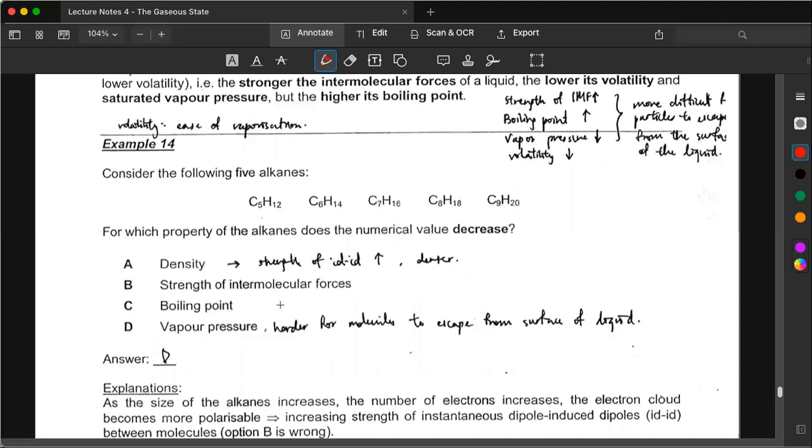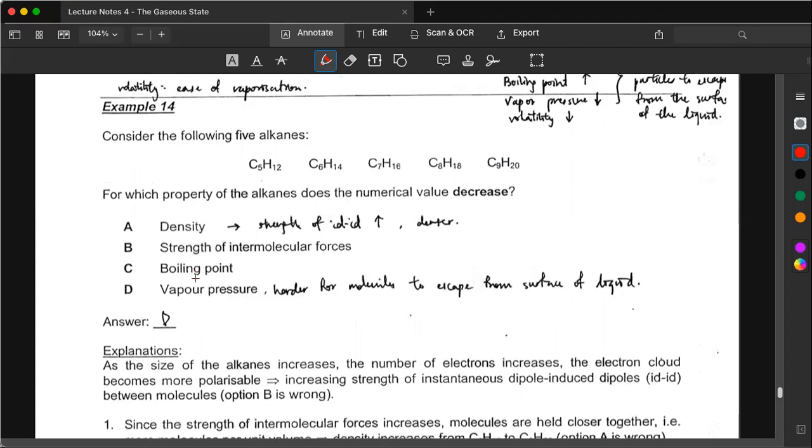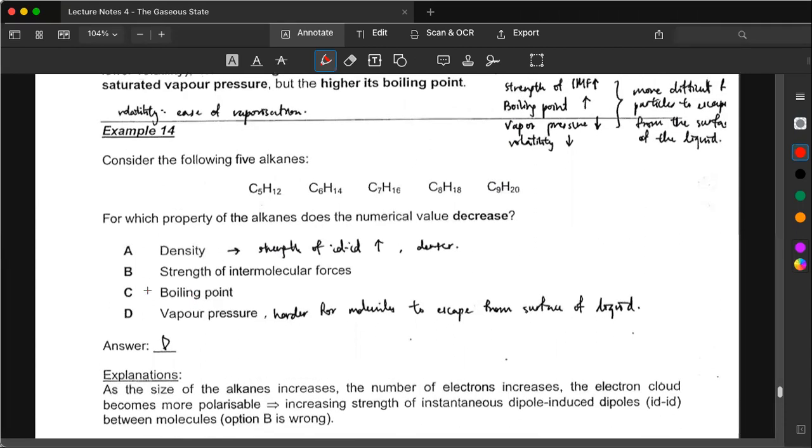Because the vapor pressure actually decreases, and it's not A, B, or C. For C, it's definitely out because with increased molecular mass, the intermolecular forces become stronger and more energy is required to overcome them, so the boiling point should increase. As for the strength of intermolecular force, it also increases. As for density, it also increases. But lower vapor pressure means that it becomes harder for molecules to escape, which means a higher boiling point.